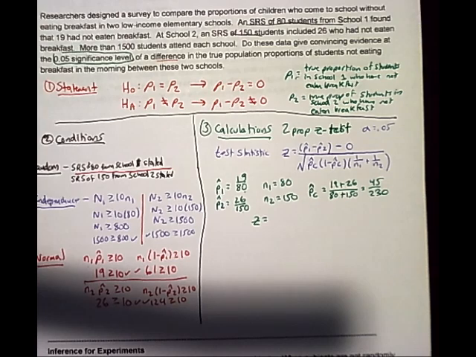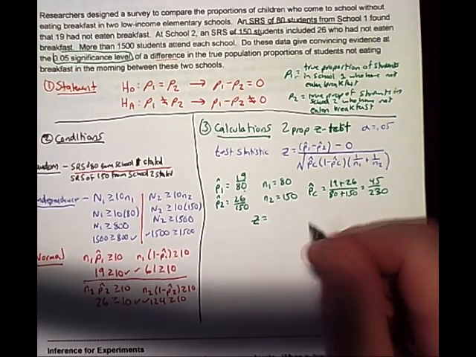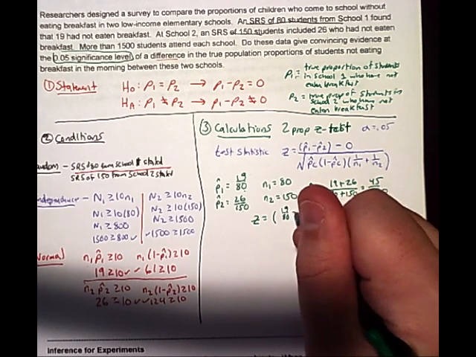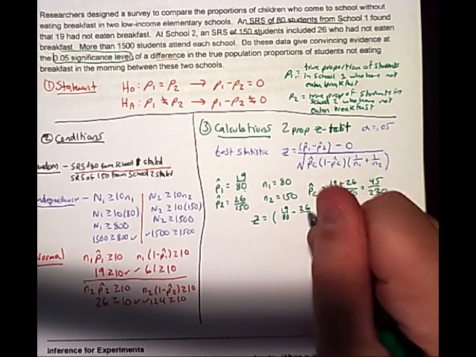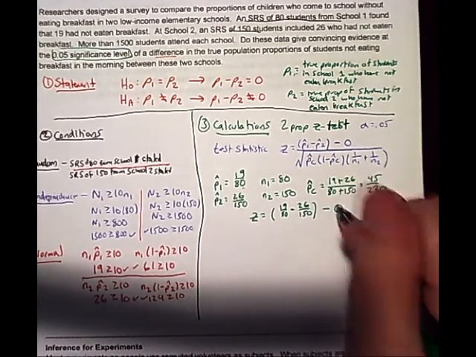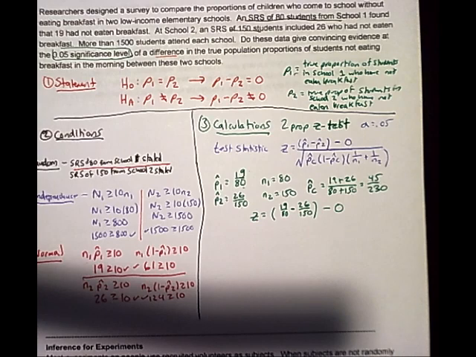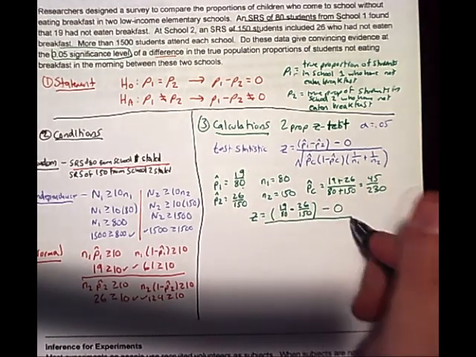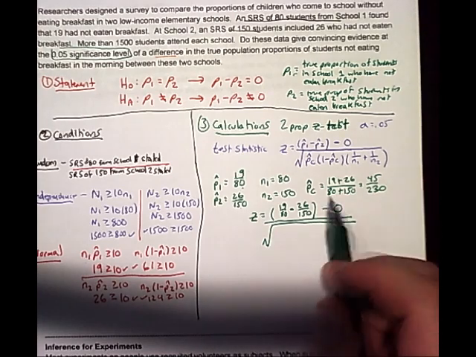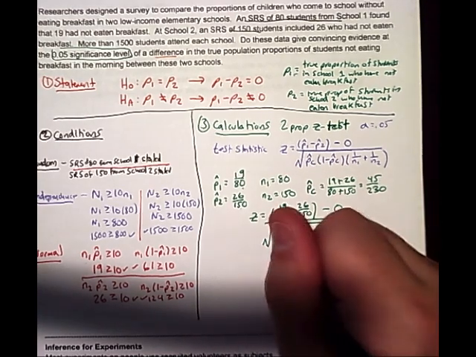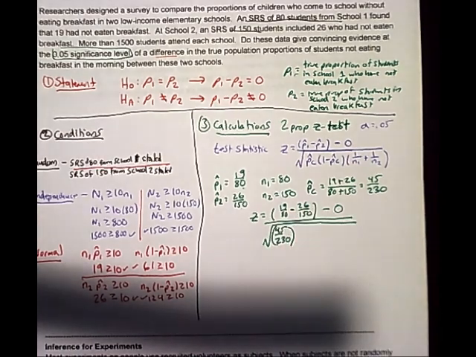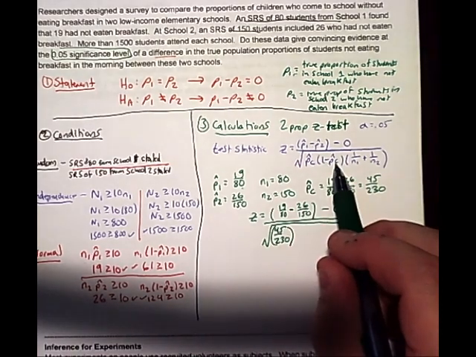So Z equals 19 over 80 minus 26 over 150. I'm not going to put these in as decimals because I don't want to compound round. All over, what would p hat combined be? It would be 45 out of 230. What would 1 minus that be?